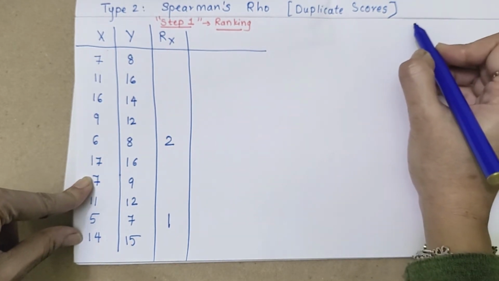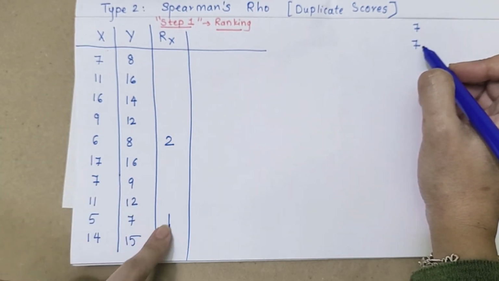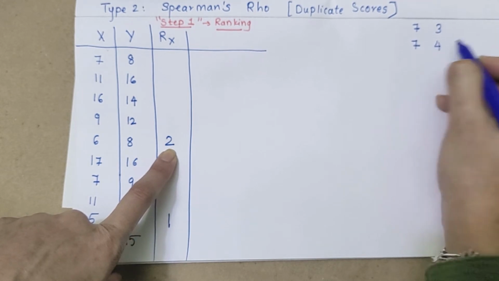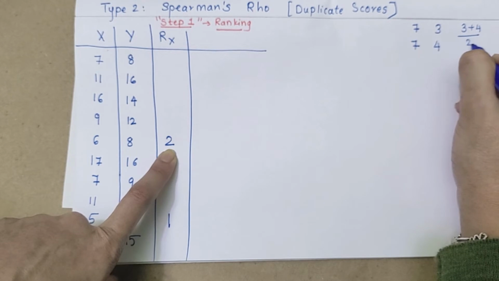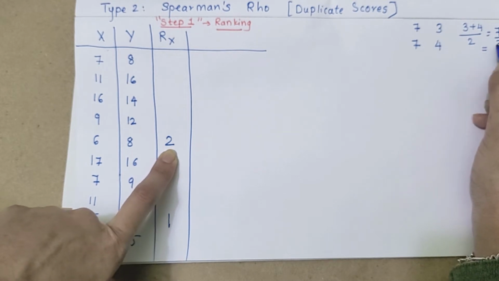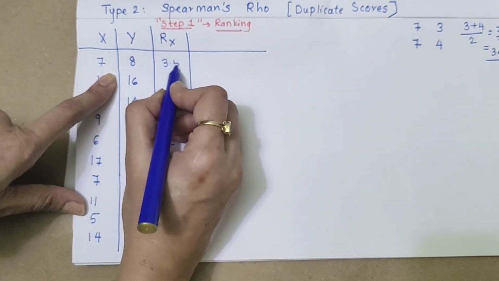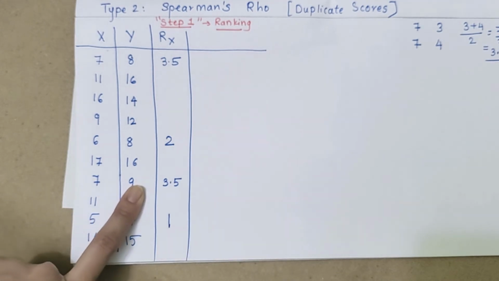As we studied, 2 sevens are there, and this is the third rank, so it shares third and fourth rank. So 3 plus 4, how many sevens are there? 2. And this comes to 7 by 2, that is 3.5. Now the 7 goes on 3.5. The next 7 also goes on 3.5.